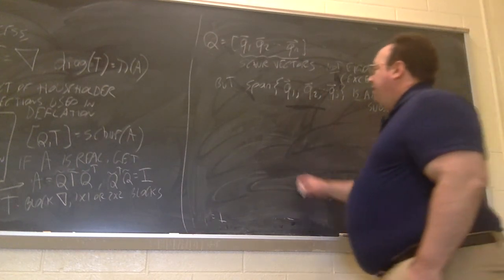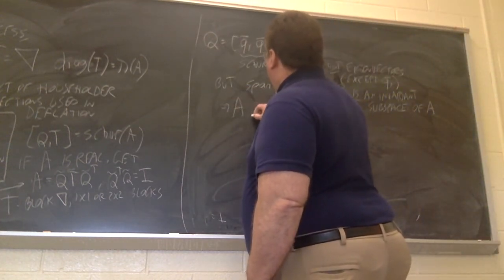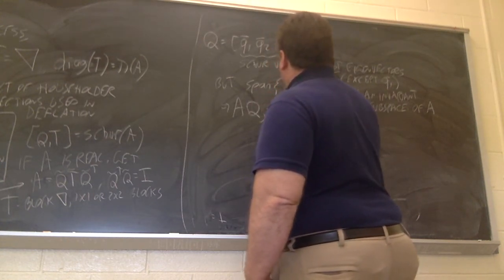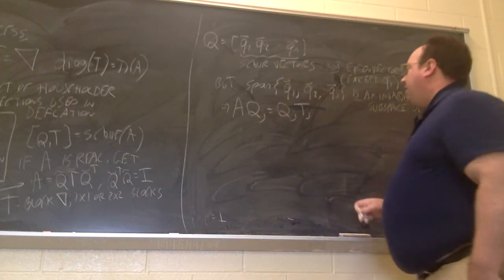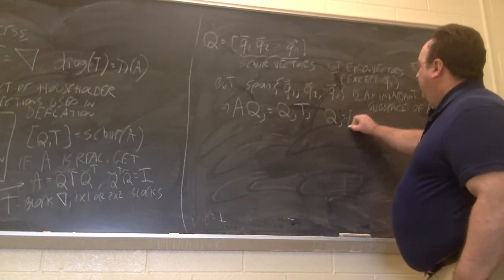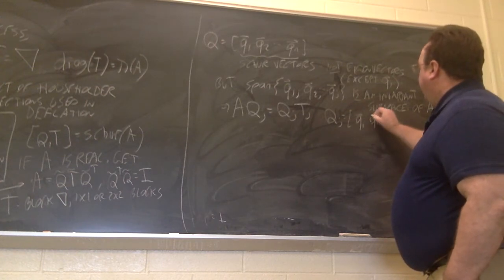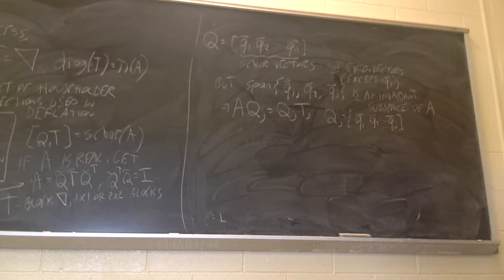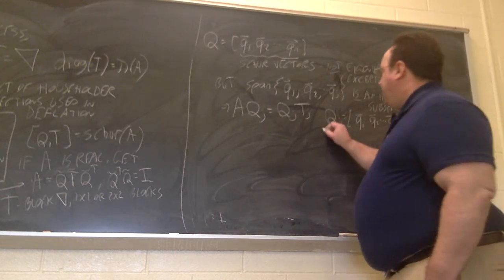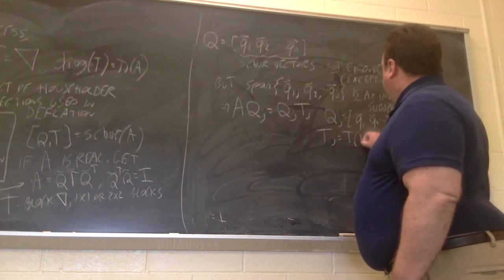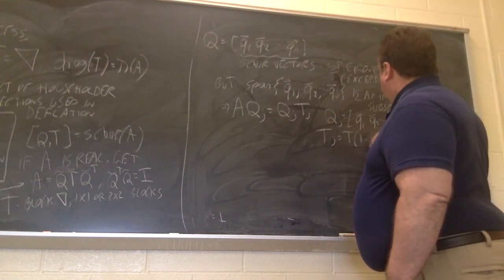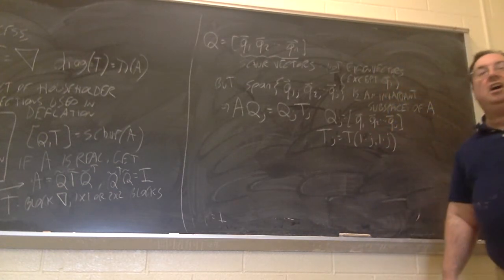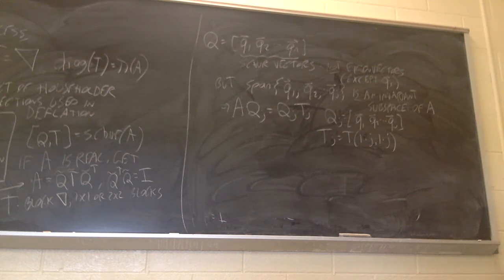Or put another way, A times Qj is Qj Tj, where Qj has the first j columns of Q, and Tj is just the first j rows and columns. It's that j by j upper left block of T.